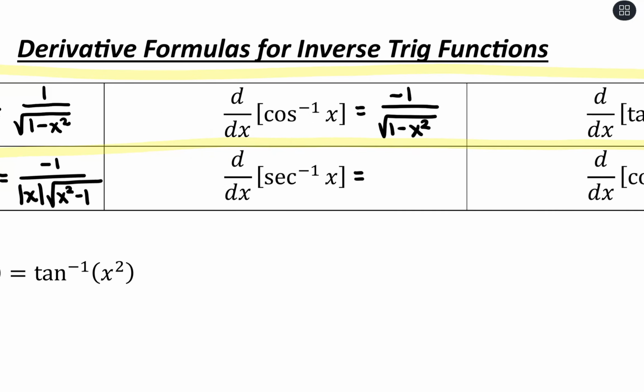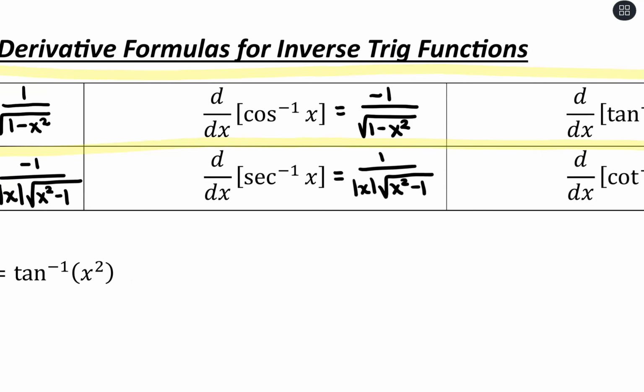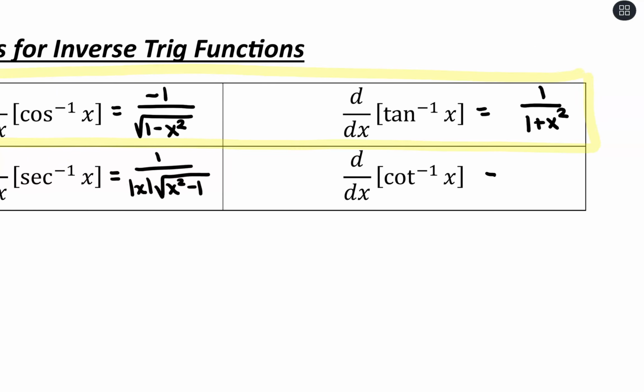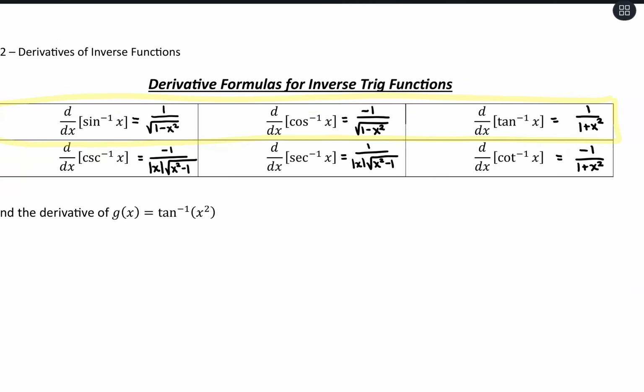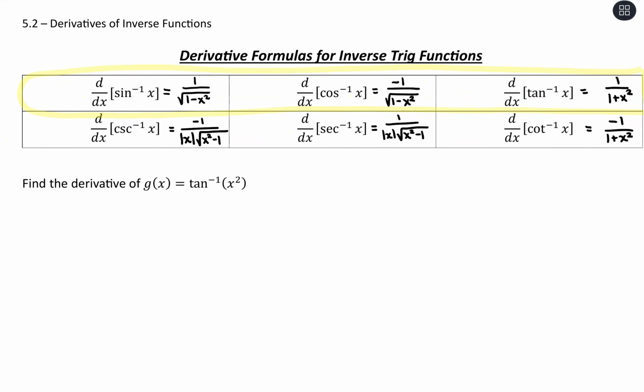Inverse secant is going to be positive 1 over absolute value of x square root x squared minus 1. And then inverse cotangent is going to be negative 1 over 1 plus x squared. Okay, so from there, let's go ahead and try out some examples.